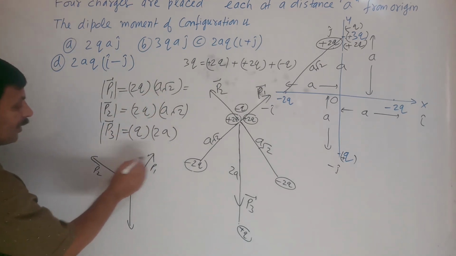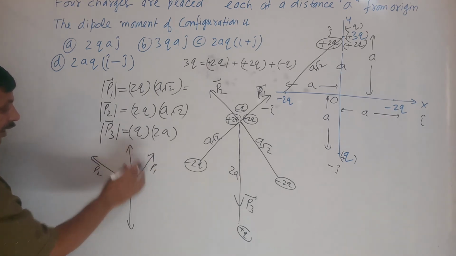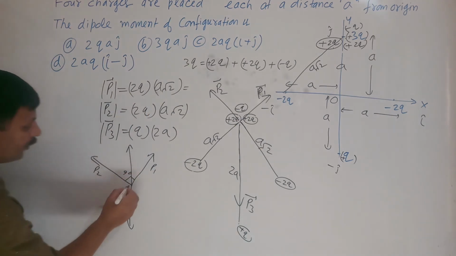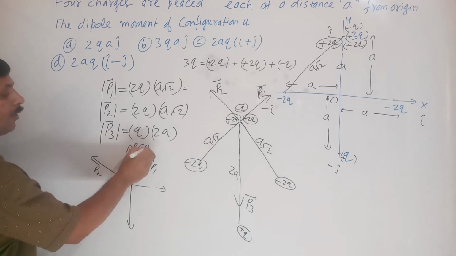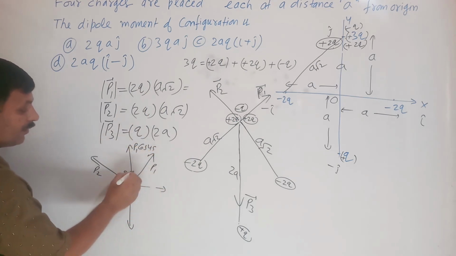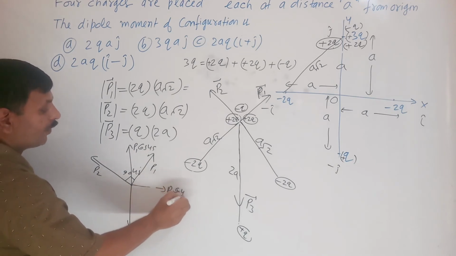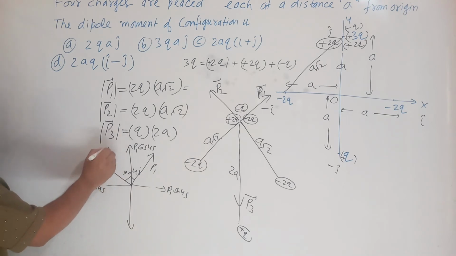The magnitude is the same, so what will be the resultant of these? If you see it in component form, this is p1 cos 45, here p1 sin 45, here also p1 cos 45, p1 sin 45, and p2 cos 45.